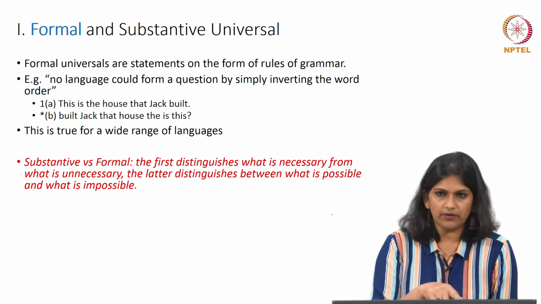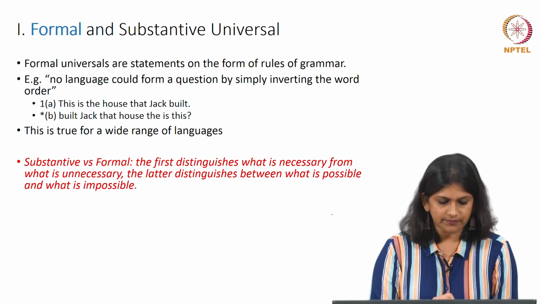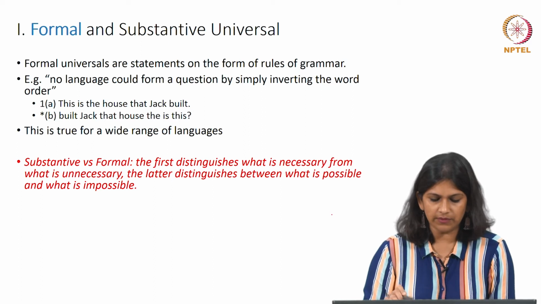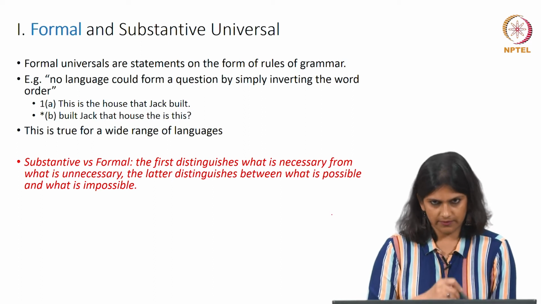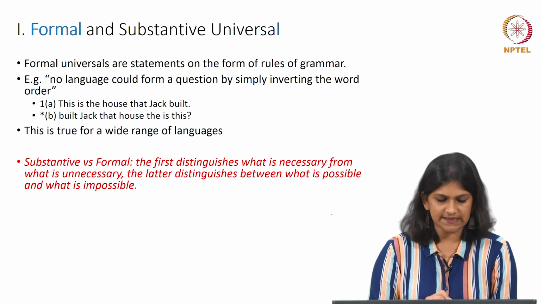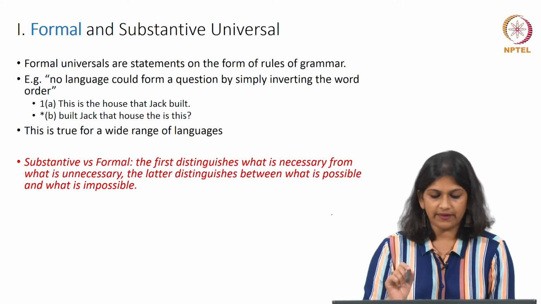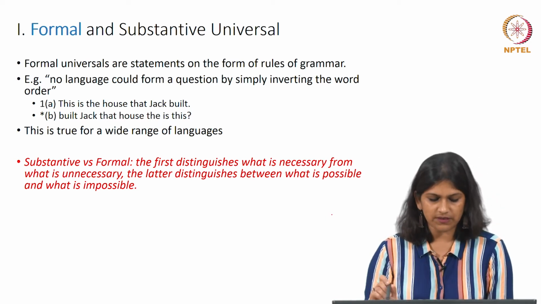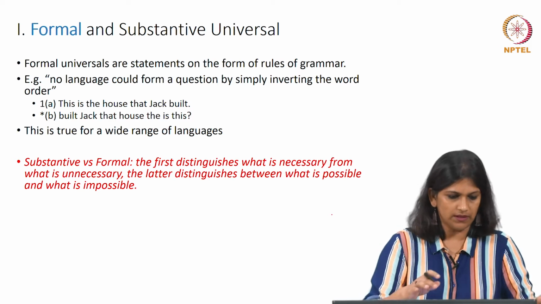So, look at the red text that is written here. When I say substantive versus formal, the former distinguishes what is necessary from what is unnecessary, the latter distinguishes between what is possible and what is impossible.